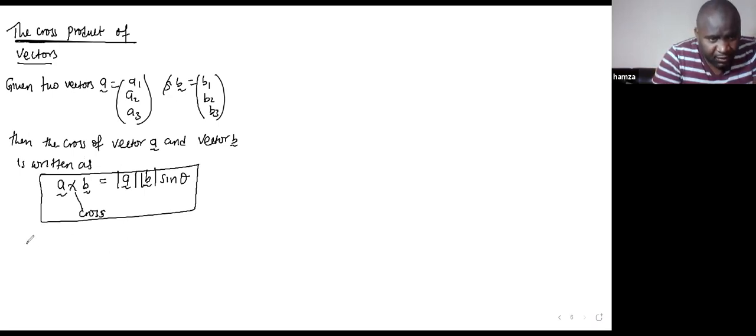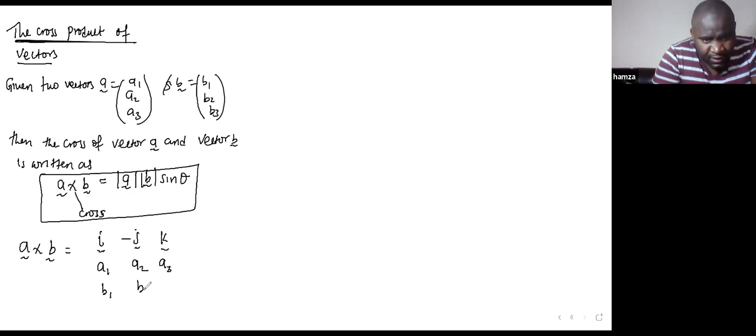Furthermore, the cross of A and B comes from the determinant of i, j, k, A1, A2, A3, B1, B2, B3, and then we determine its magnitude.